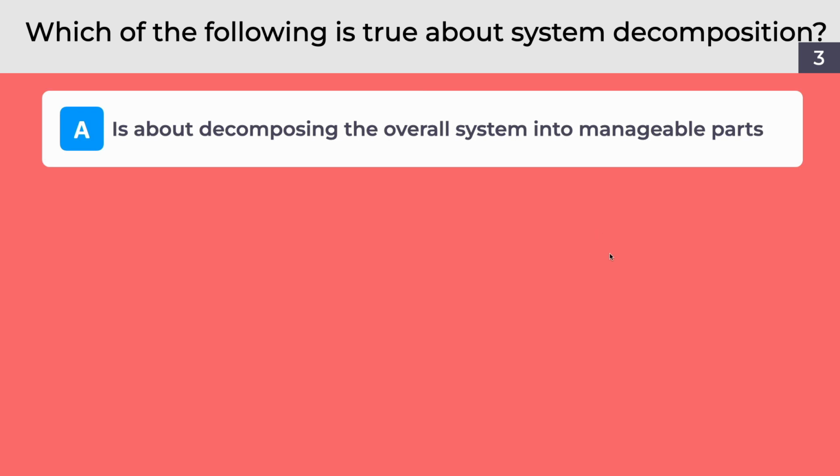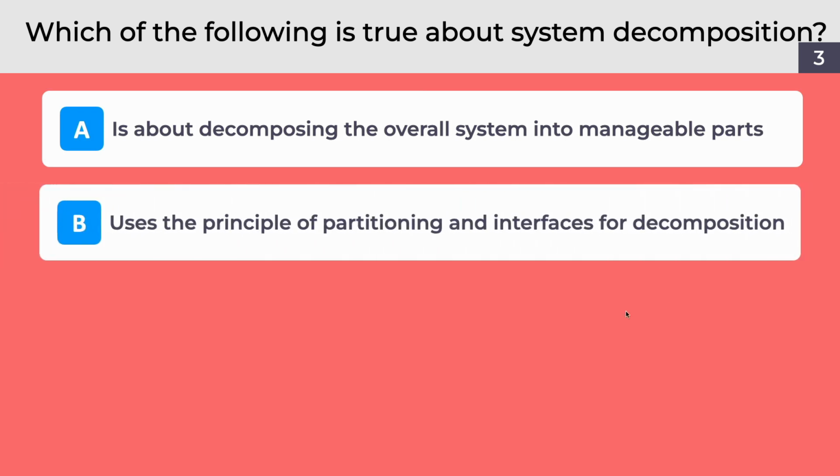Let's look at the next one. Option B uses the principle of partitioning and interfaces for decomposition. I think we know that partitioning and interfaces are concepts, but they're not tied to decomposition. They're more associated with the services where we have the concept of partitioning and interfaces.